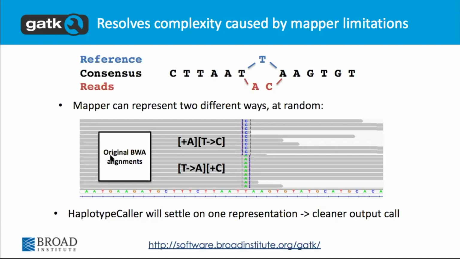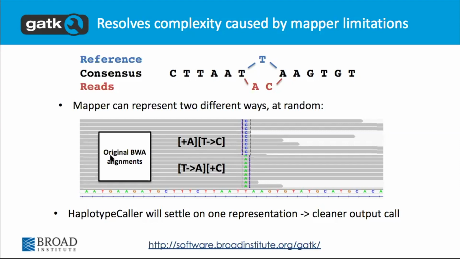You can get it as an insertion and then a mismatch, or a mismatch and then an insertion. With a traditional caller, because the mapper would typically produce both possible alignments more or less randomly, since it's doing the reads independently, you would end up with a mix of both, and then in the variant calls you would have a whole mess right here.